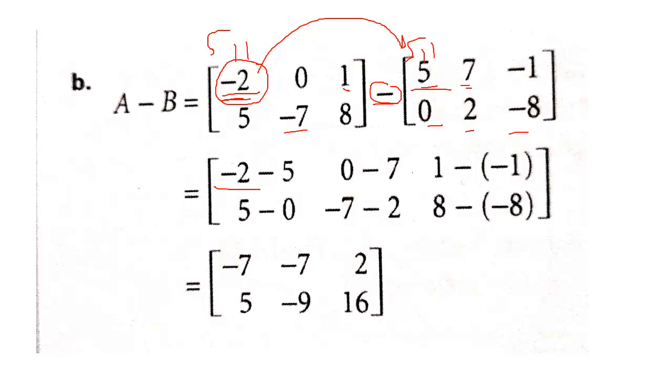So negative 2 minus 5, negative 7, 0 minus 7, negative 7. 1 minus negative 1, so minus by minus, it's gonna be positive. So 1 plus 1 equals 2. 5 minus 0, 5. Negative 7 minus 2, negative 9. 8, negative by negative, positive. So 8 plus 8 equals 16.